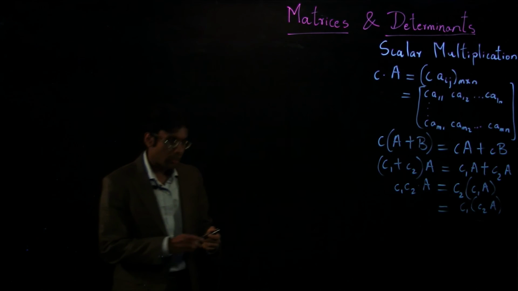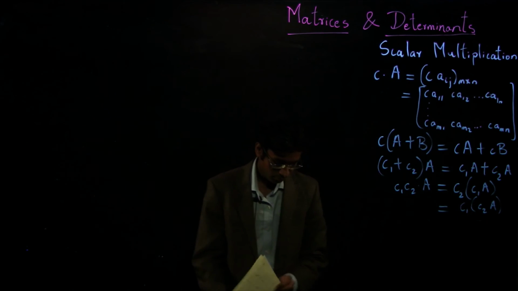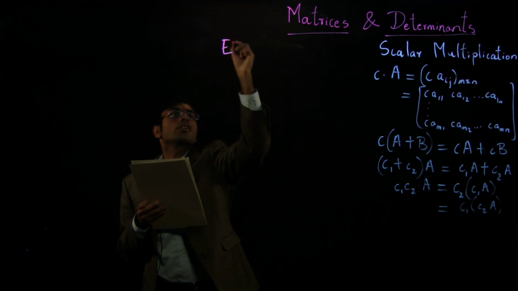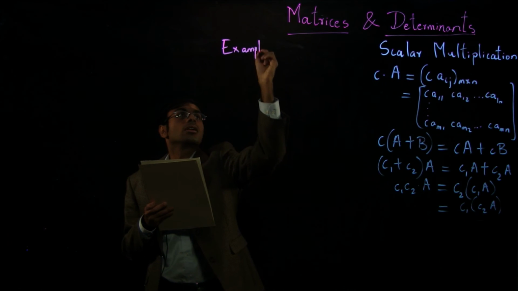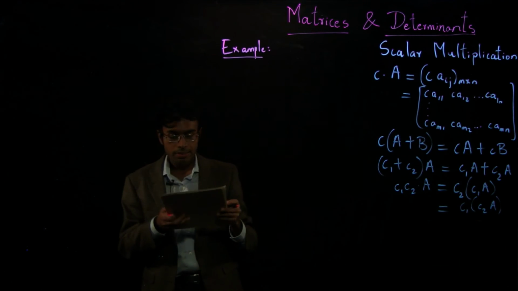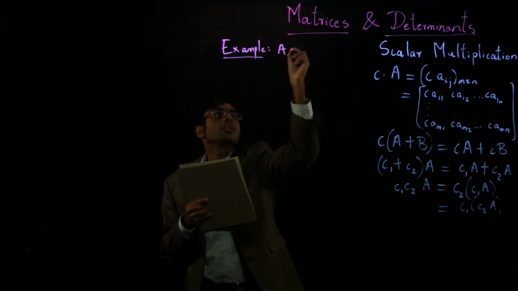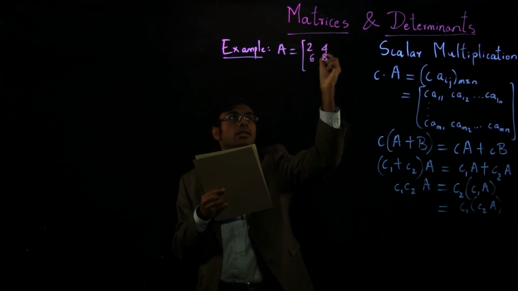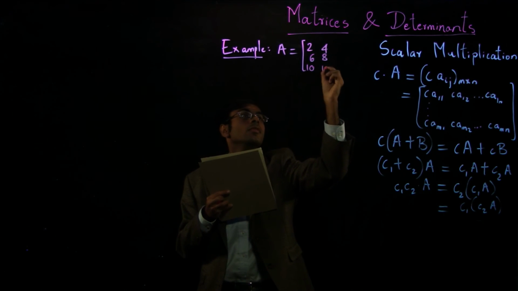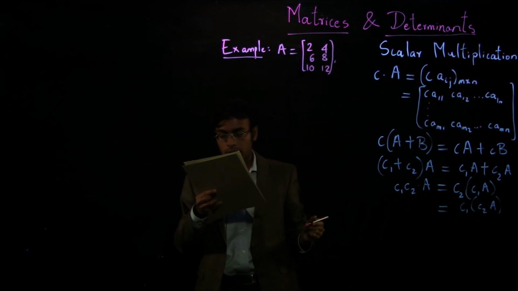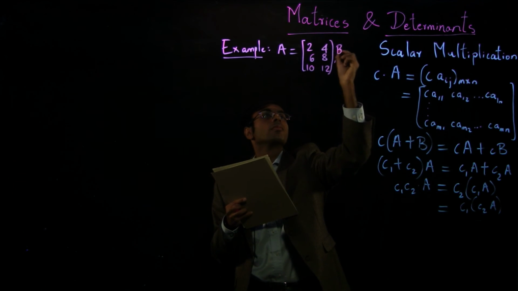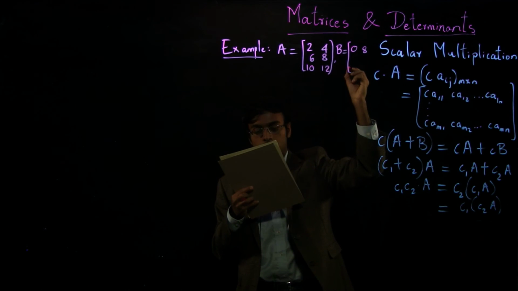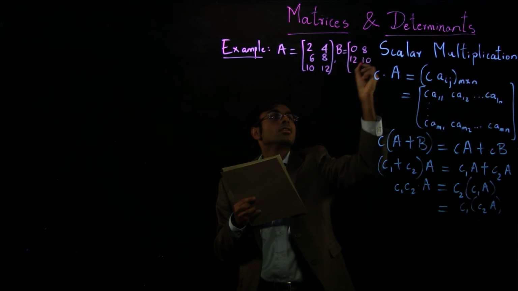Let's take a worked out example here. So here's an example of matrix operations. Let's say I give you a matrix A as 2, 4, 6, 8, 10, 12, and I also give you a matrix B as 0, 8, 12, 10, 0, 4.